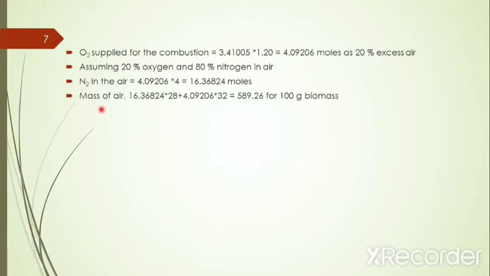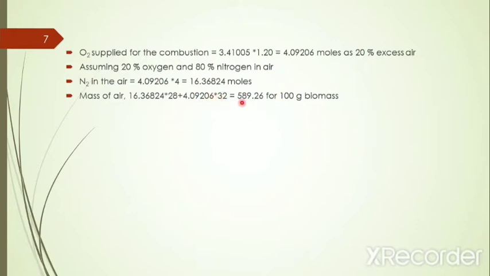Then what will be the mass of air? Mass of air will be the nitrogen moles times its molecular mass, that is 28, plus the oxygen moles times the molecular mass of oxygen, that is 32. Remember, here we have to take the nitrogen molecule and oxygen molecule, because in air they are present as molecules.